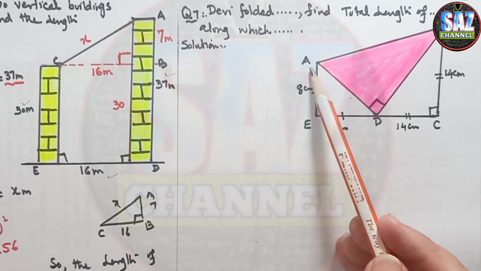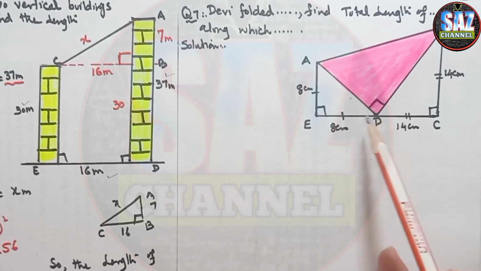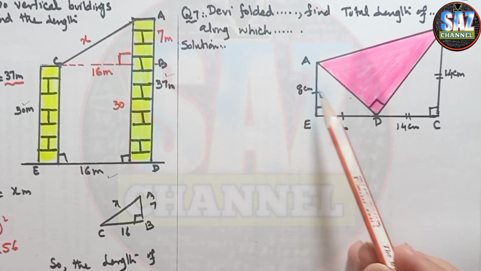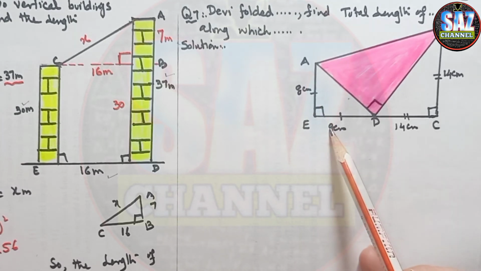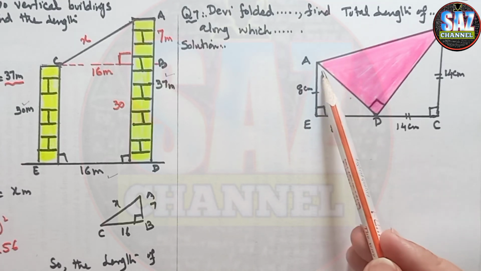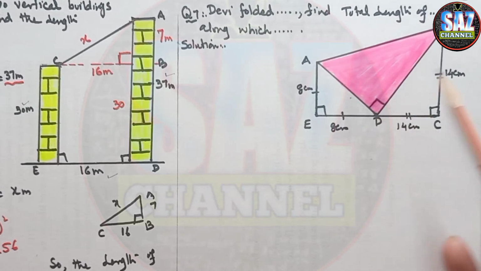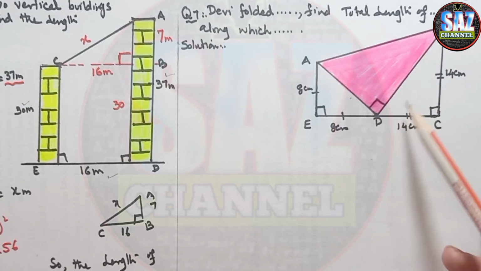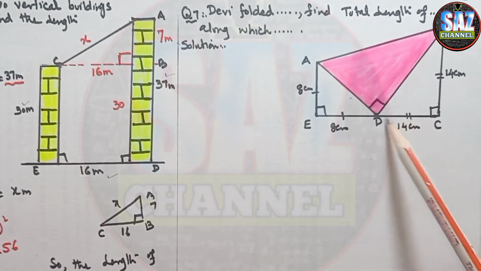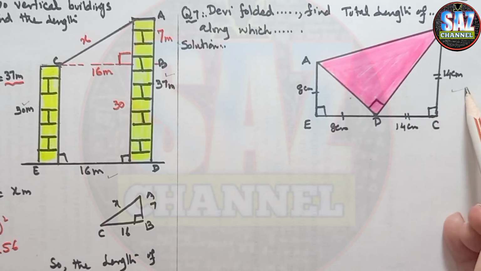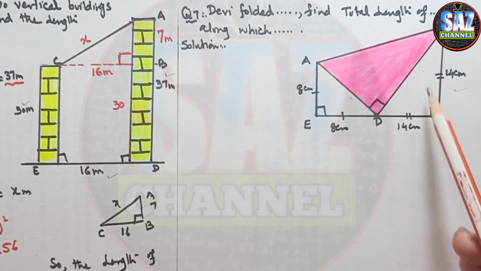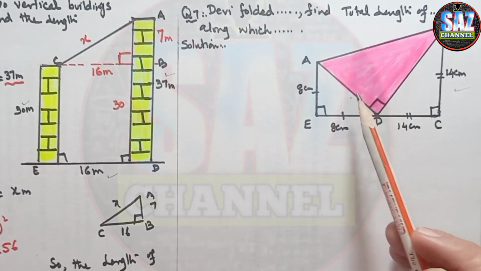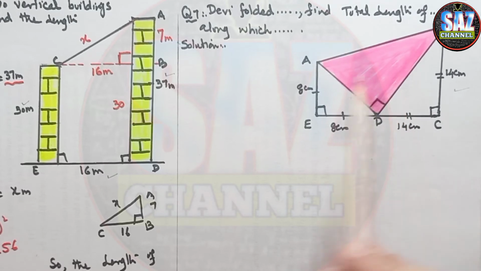If we look at triangle AED, it's a right angle triangle with two equal sides, because this is an isosceles triangle. So first of all, I have to find AD length, and same for DB. We can see that BCD is again a right isosceles triangle, and we have to apply the Pythagoras theorem here to find DB length, and then finally we have to add up these two values. Let's move to the solution of the question.